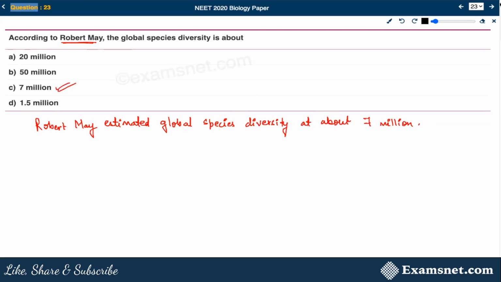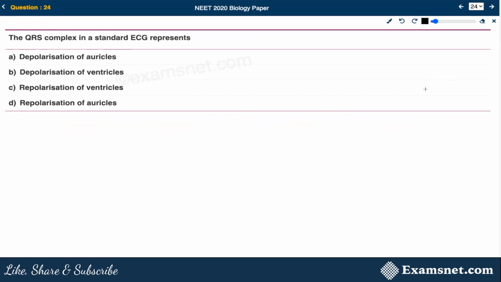All right. Now let's move on to the next question, which is question number 24. The next question says that the QRS complex in a standard ECG represents. The QRS complex is a complex observed in a graph called the electrocardiogram graph.